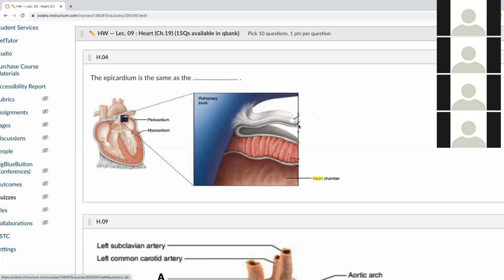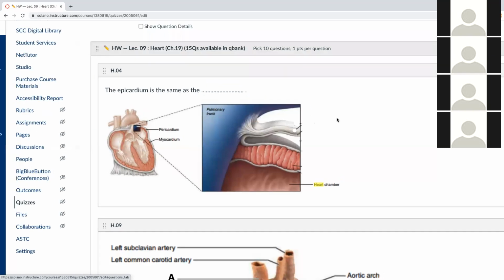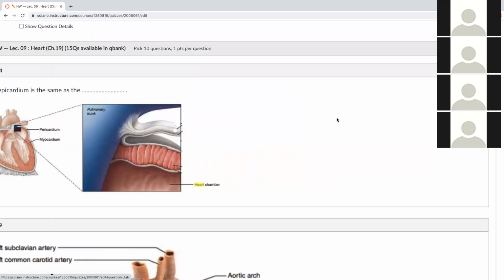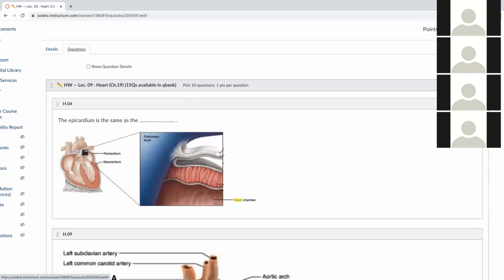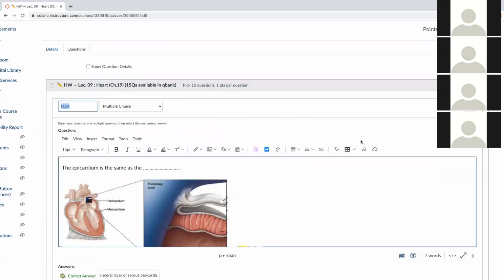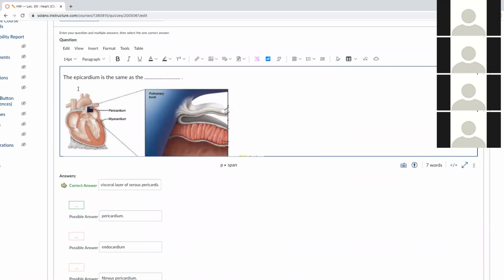Pericardium has two layers. So this is one layer, pericardium, and this is the another layer. So let's look at the options. The question is, the epicardium is the same as.